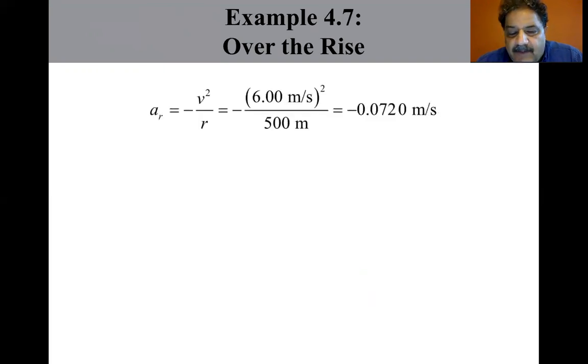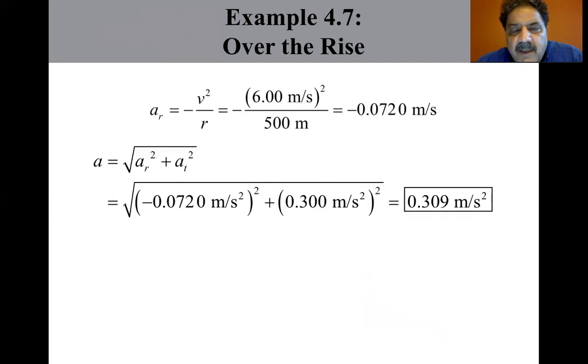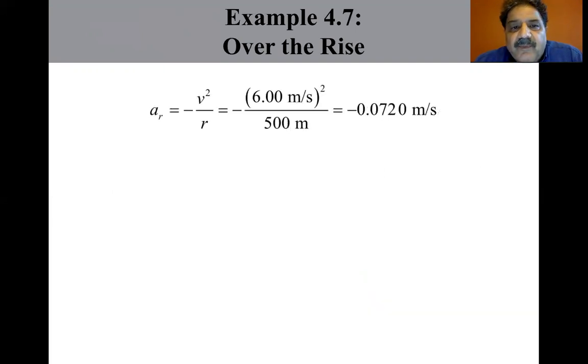Okay, now let's evaluate the radial acceleration. a is equal to minus v squared over r, so it's minus 6 squared over 500. That's 36 meters squared per second squared divided by meters.